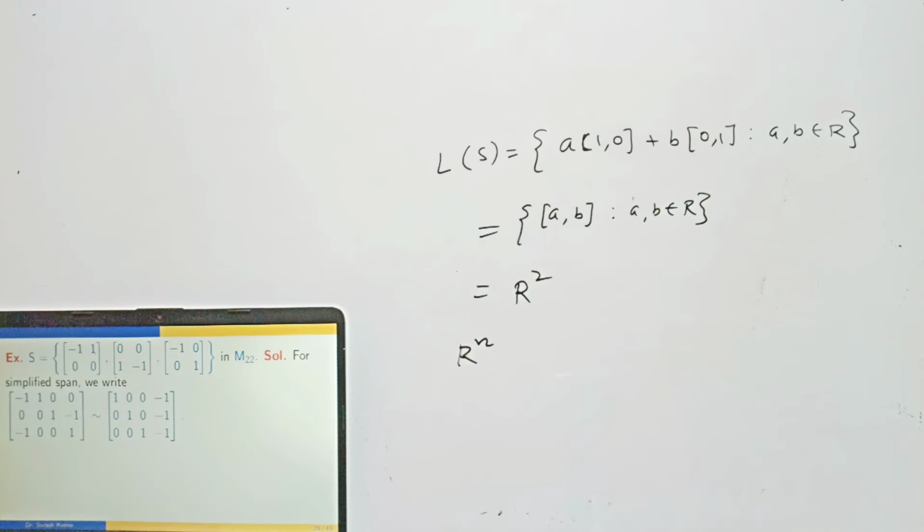Second matrix: 0 0 1 minus 1. Third matrix: minus 1 0 0 1. Find its RREF, write the matrices back and then the linear span. So with a set of matrices also you can deal like this for finding the simplified span.